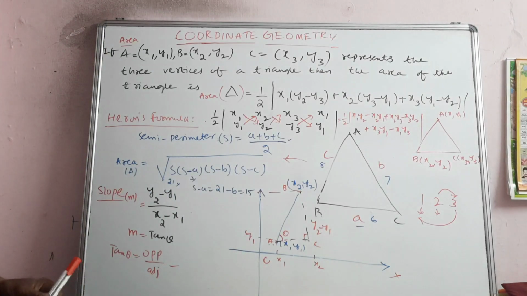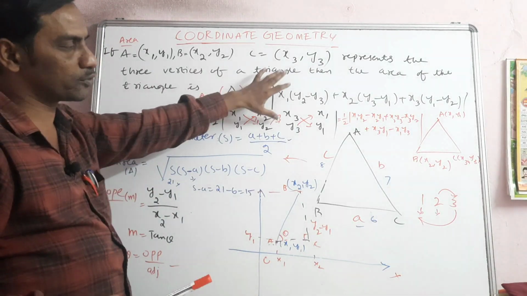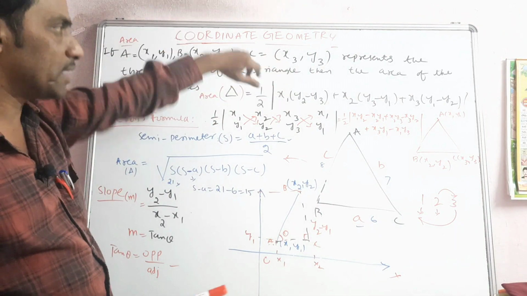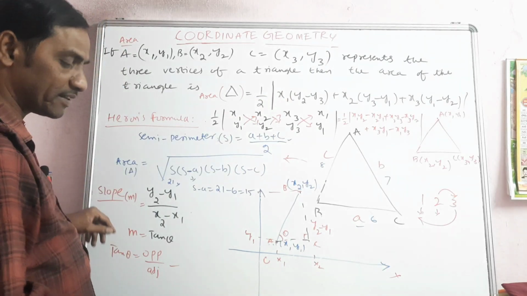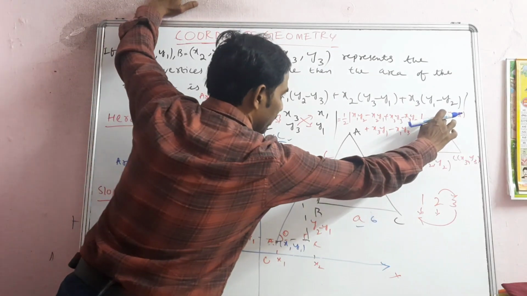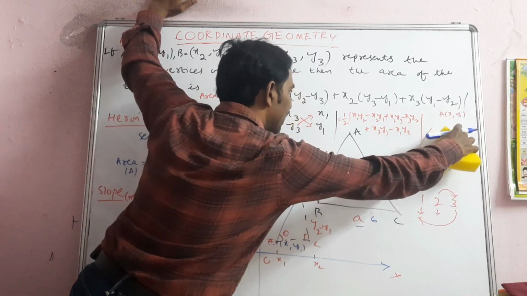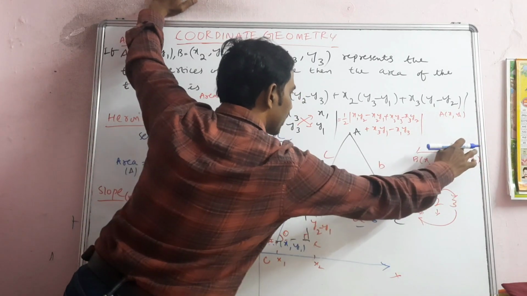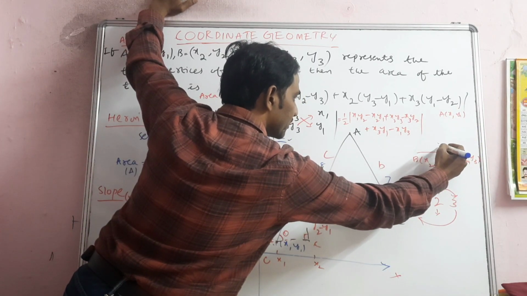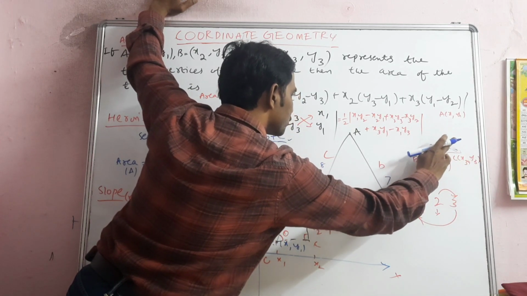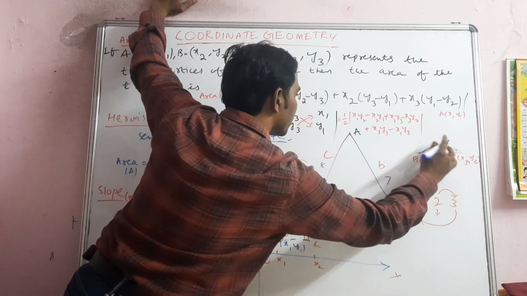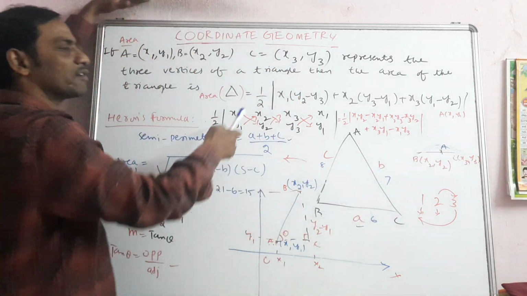And where you will use these formulas: generally you use them to find the area of the triangle, but the area of the triangle can also be used for proving collinearity. What is the meaning of collinearity? For example, the point A will come close to BC and lie on BC only, which means the area formed by the triangle will be 0.